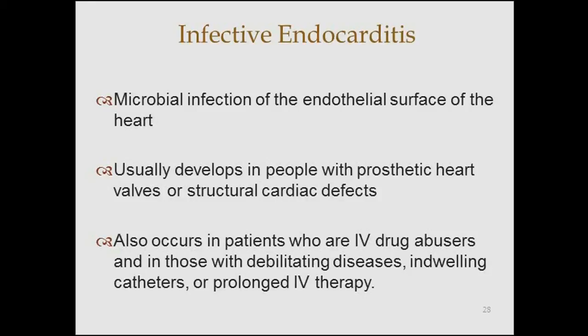That might be a congenital structural defect. Those can be kids or adults. I mean, obviously adults usually have valves. Sometimes children have valve replacements too. But the structural defects can be children or adults as well.